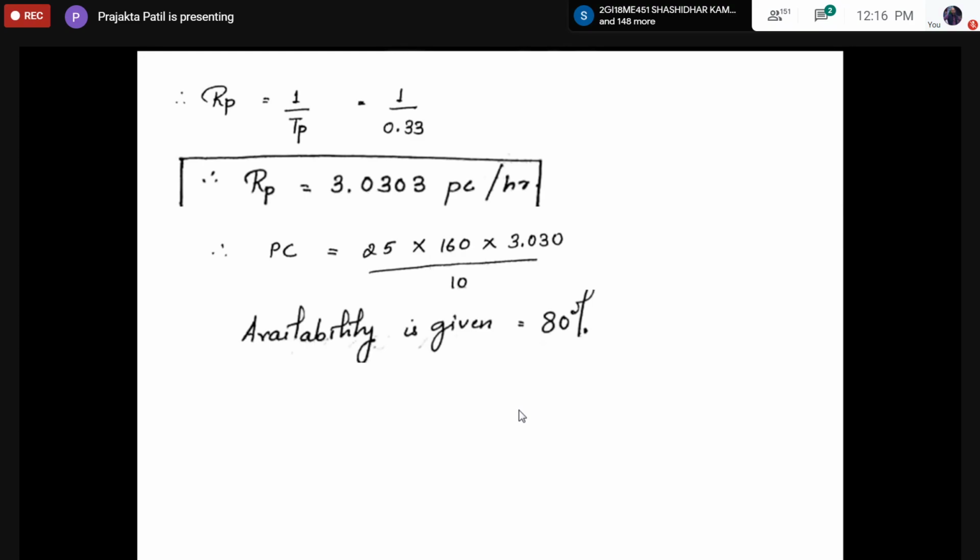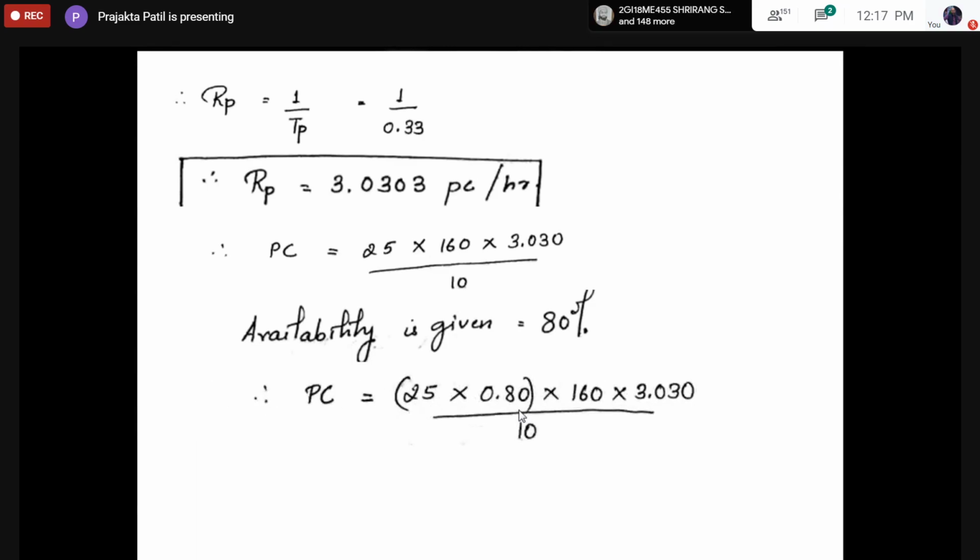What do you get? 969.6 pieces per month. So this is the production capacity with 80% availability.